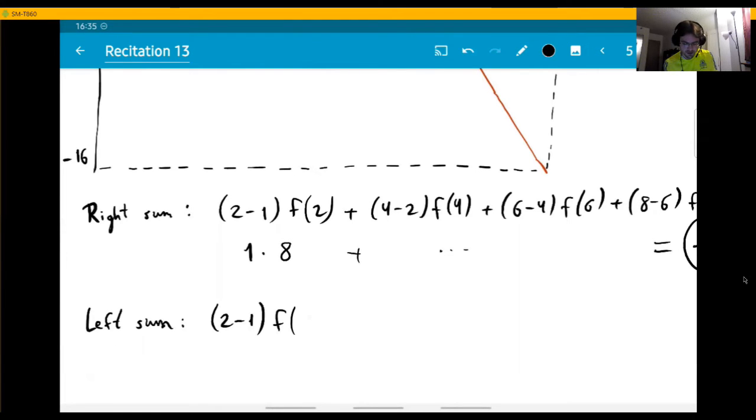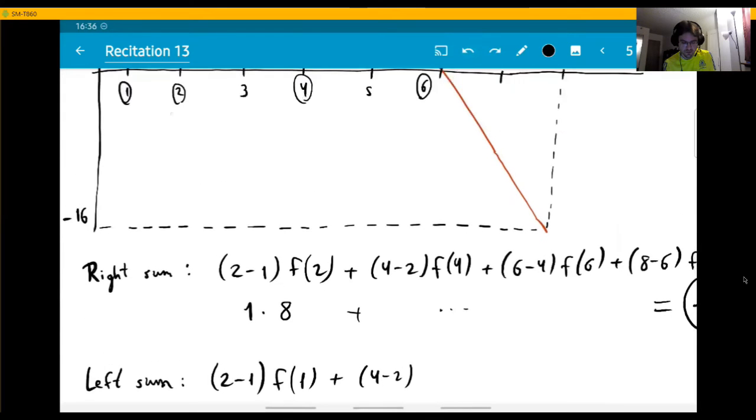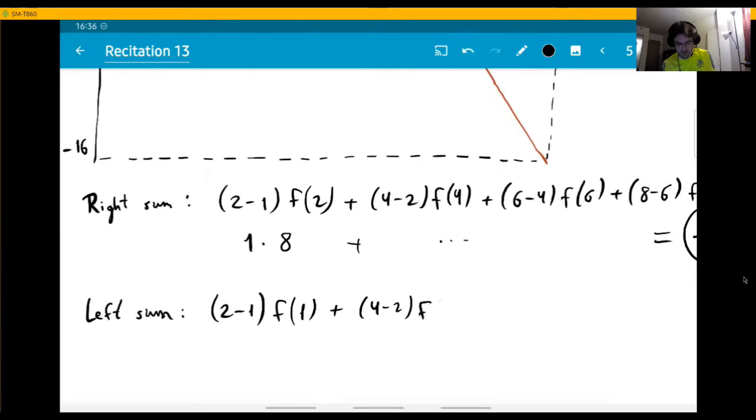In the case of a left sum, you're going to select the left point. So 1 for the interval that goes between 1 and 2. This one. And now for the interval that goes between 2 and 4, you're going to select the point 2. So f of 2 here. All right, this is the only thing that changes.